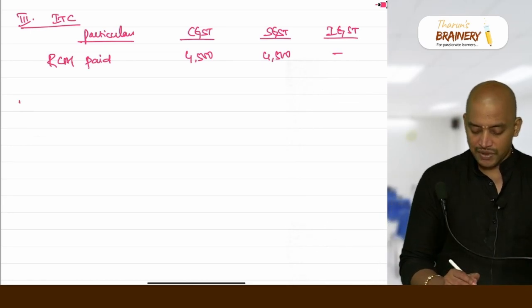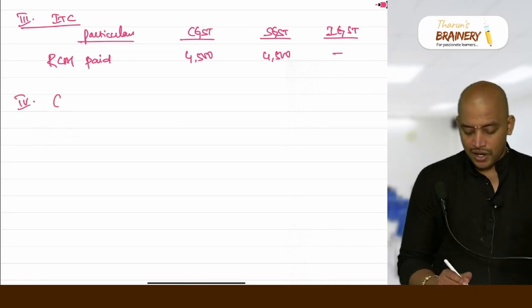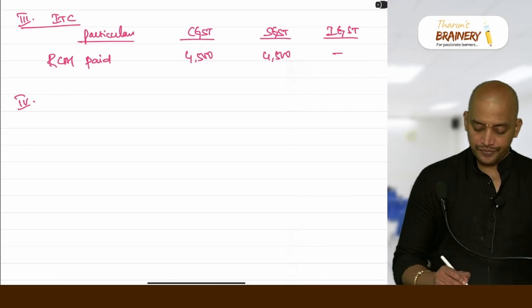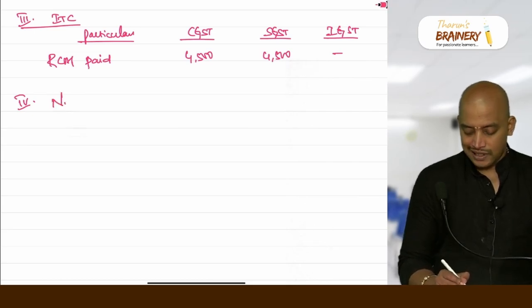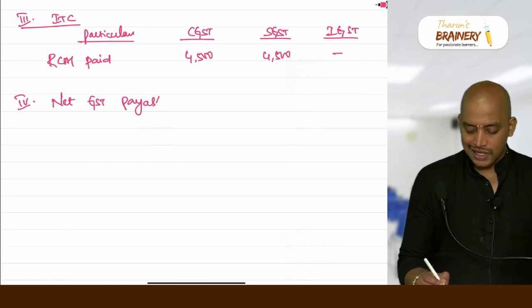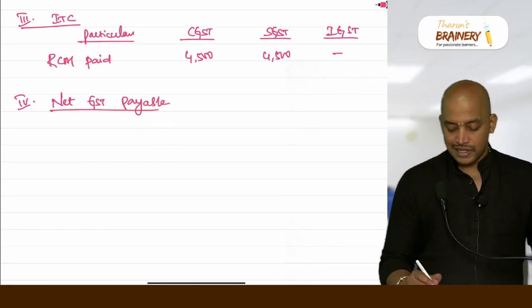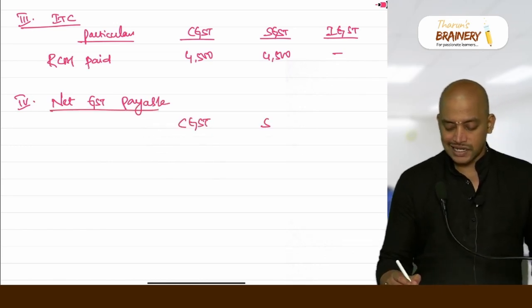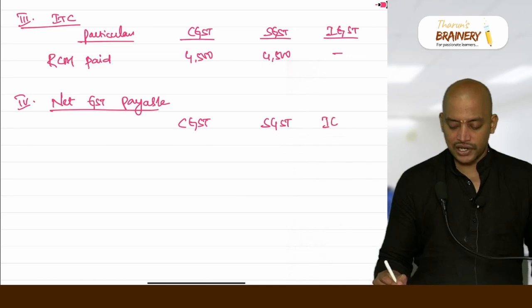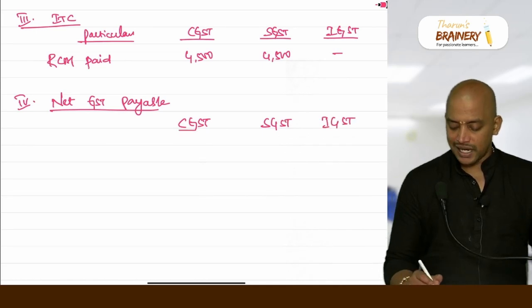Then the fourth statement, net GST payable. So what is the net GST payable? First, we have only CGST and SGST. Actually IGST is not there, but we need to prepare the table.